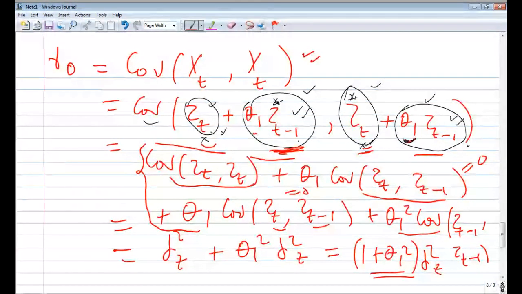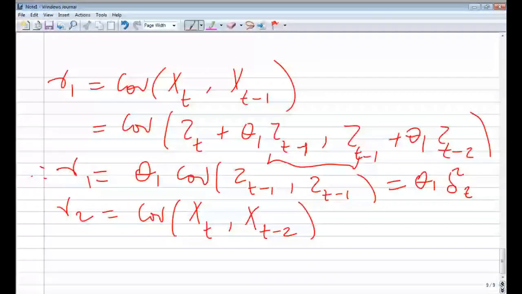Some of the covariances are zeros, so I left them out. That is why I didn't have this step here. It was supposed to be here. There are those whose covariances, because they are independent, are zeros. So that is why I combine only two, theta 1 zt minus 1 and zt minus 1, because the rest are zeros.